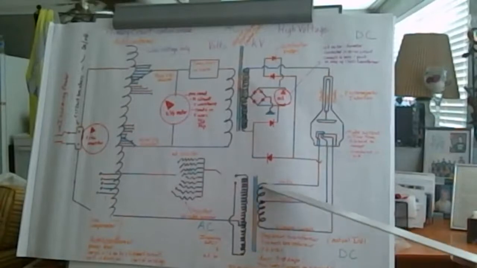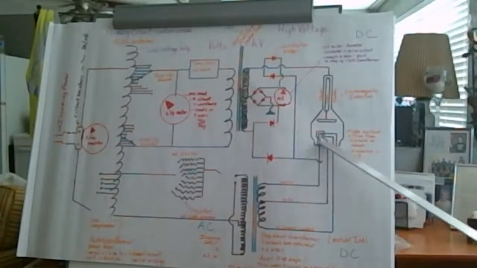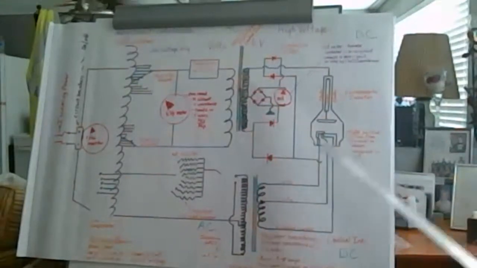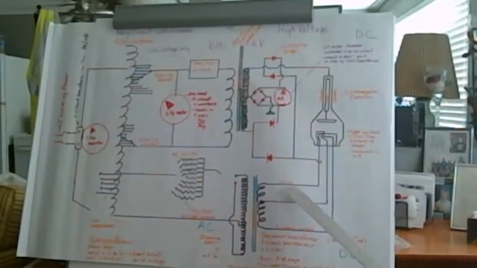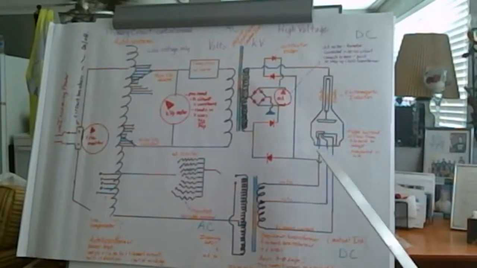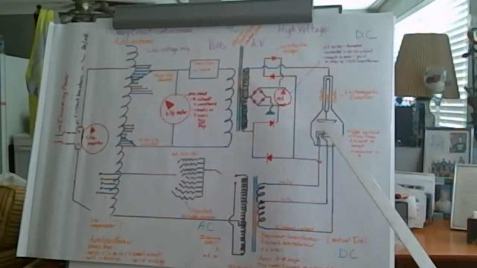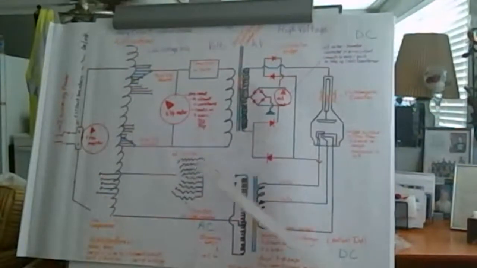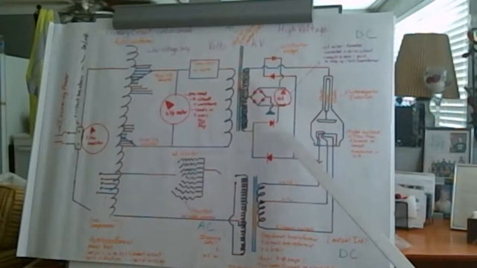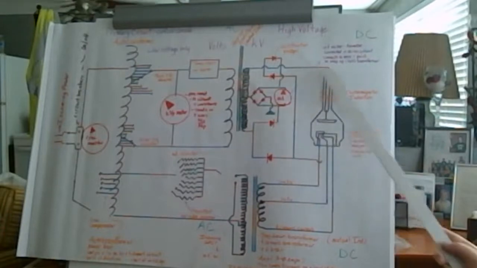So we also have these lines coming into the X-ray tube to the filament side, where one goes to a small focal spot and the other to a large focal spot. We're also, if you notice, we have a connection to the high voltage circuit.